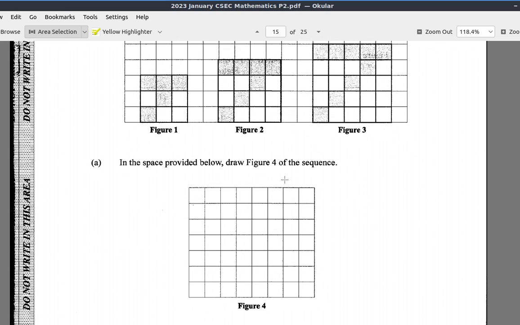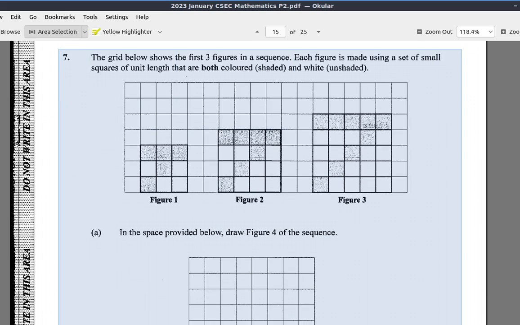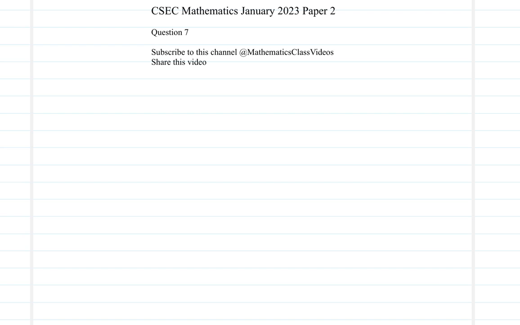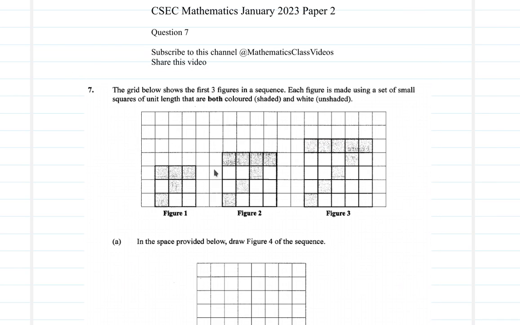They say in the space provided below, draw figure 4 of the sequence. I'm going to just copy this part of the question and put it over here. So here we go.